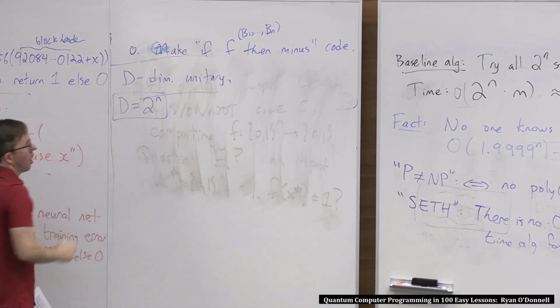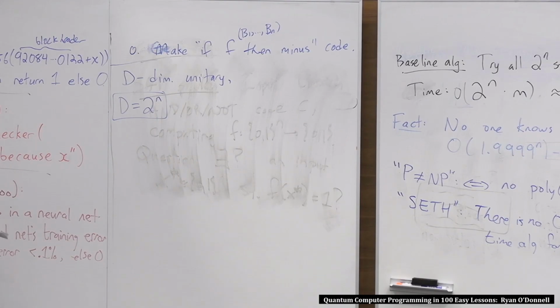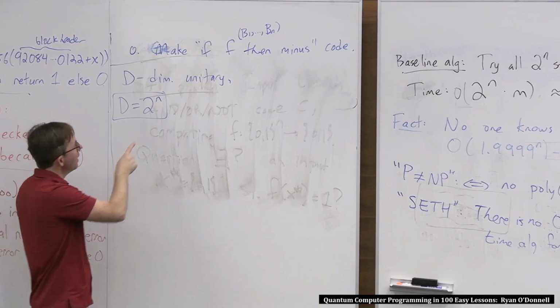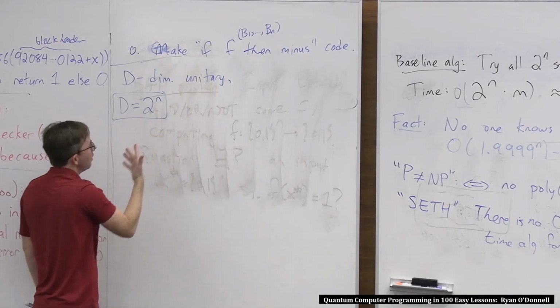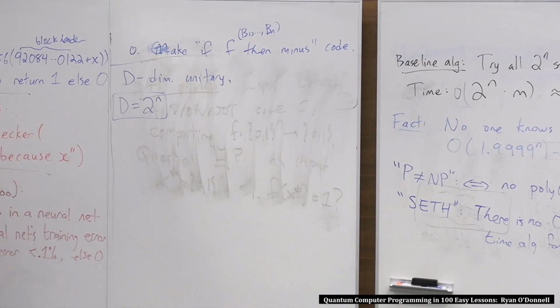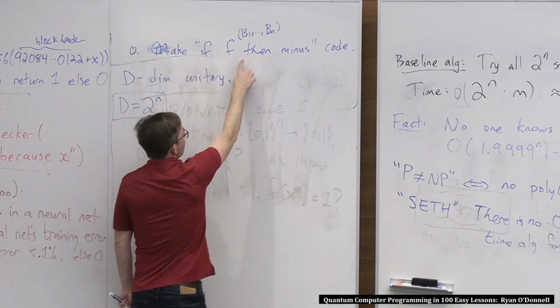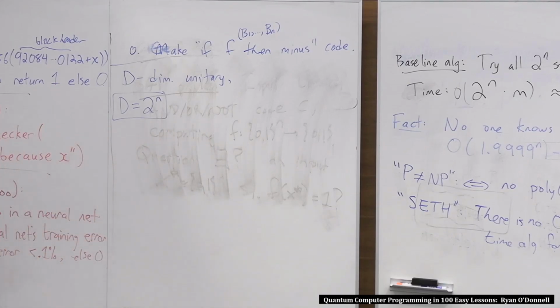Somehow the number 2 to the n is going to come up a lot, so I'm going to call it capital D, because it's also the dimension. So this code that we built from C, we really don't know how C works. So that means this code, even though we can run it, is sort of a mystery to us. But it's some kind of unitary, like rotation or reflection, in D dimensions.